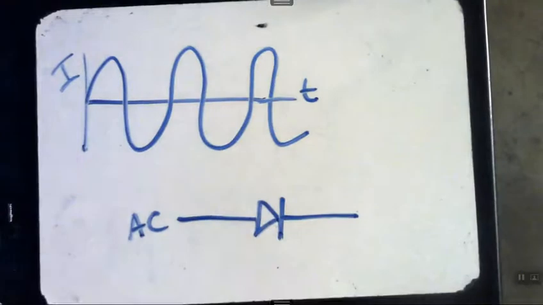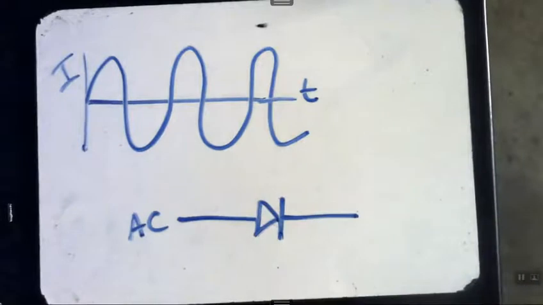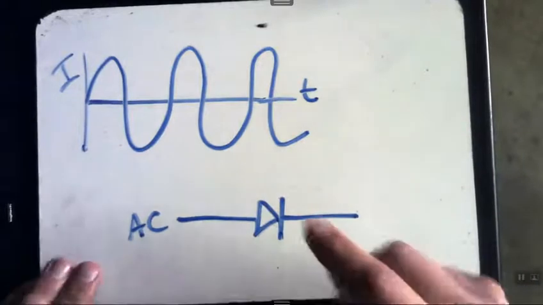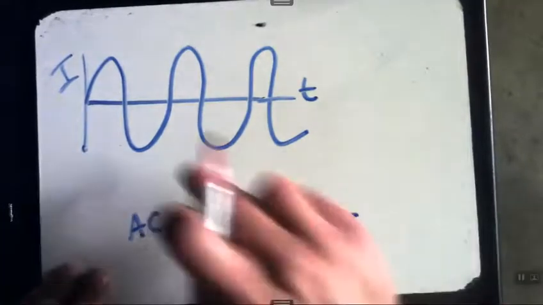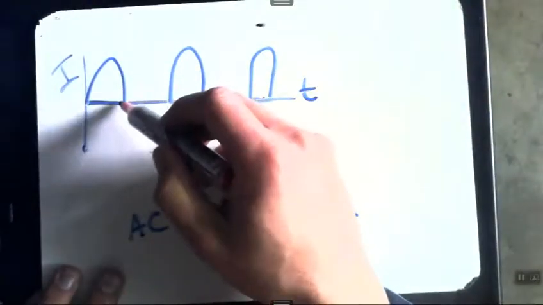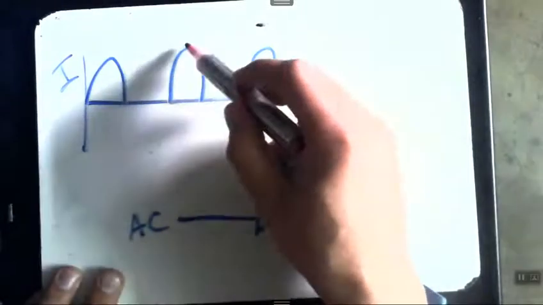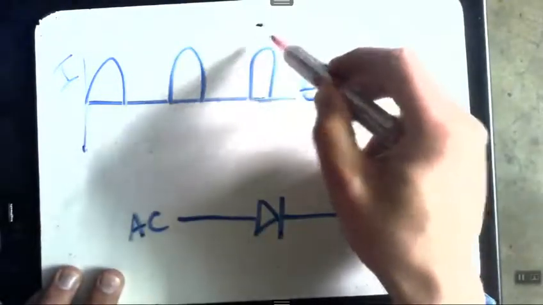The diode prevents any backward currents. So when I put a diode into my system, I get a half rectified current. So it's going to be on, increasing, decreasing, off, increasing, decreasing, off, increasing, decreasing, off.